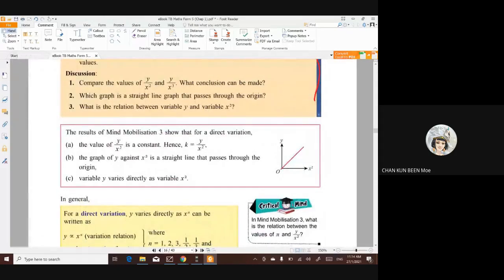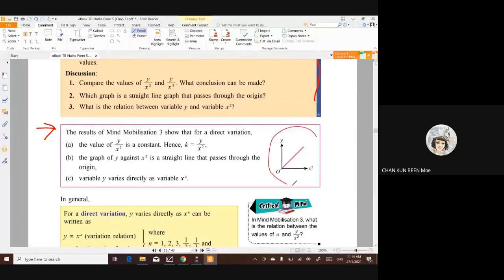Okay? So let us look at this one down here, this part. So from there, hold on. Okay, look at this part. From the result, you get A. The value of y over x squared is a constant. Hence, k is equal to y over x squared. For B, the graph of y against x squared is a straight line that passes through the origin.